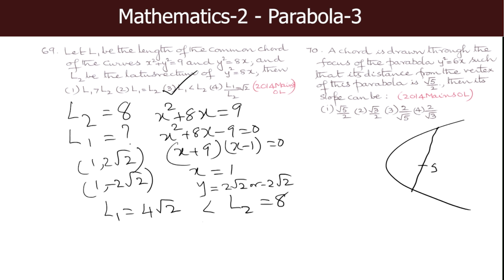Its distance from the vertex of the parabola is root 5 by 2. So, this is root 5 by 2, AM. And this is PQ, the focal chord.